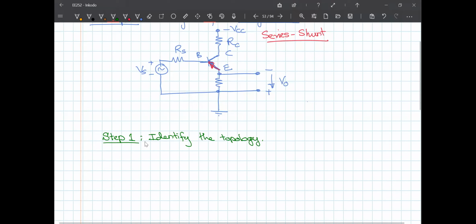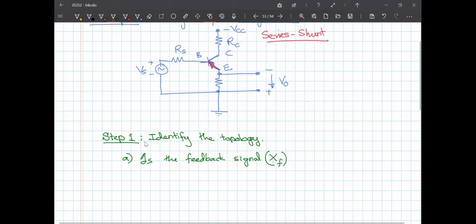Okay, how do we identify the topology? We have to ask the question, is the feedback signal XF, or the input signal XS, a voltage or a current?